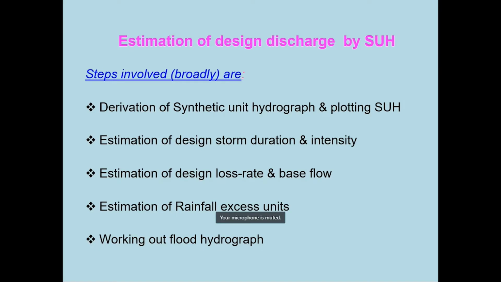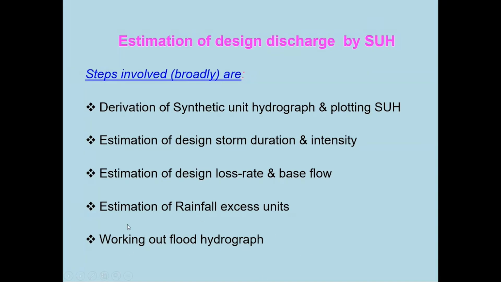When we see the example and solve it, you will find there is a particular style, or you can say a trick, of arranging the data in a single go. You can find out the Q without making the flood hydrograph.